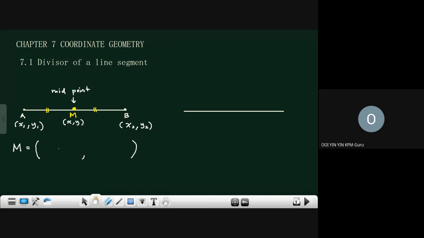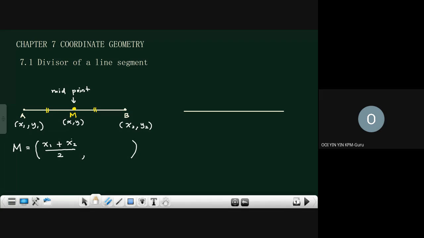For the part x here, we just need to use the coordinate x for A, x1, and then add your coordinate x for B, which is x2. Then we divide by 2. Okay, that means half. One of the meanings is, half, you divide by 2.